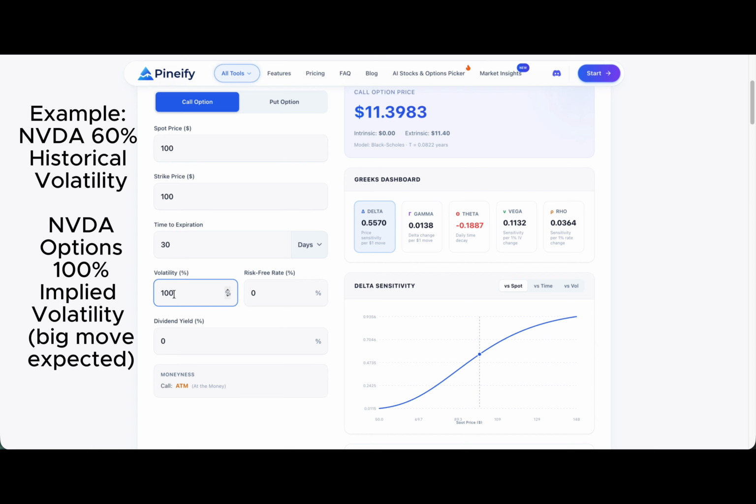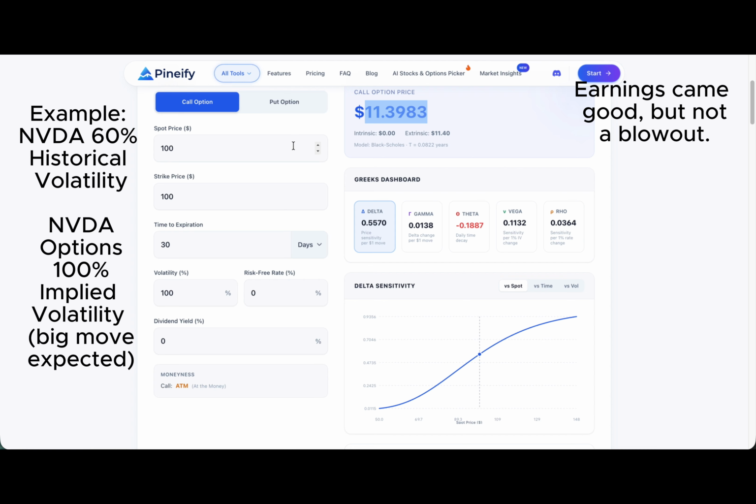a call option. Now, many times, and that is one of the reasons why sometimes traders lose money, you have the situation, but then the earnings are announced. Keep in mind you paid 11.39 for the option, so 11.4 give or take, and what's going to happen is that the earnings were good, not a blowout, but still good, but then this happens.